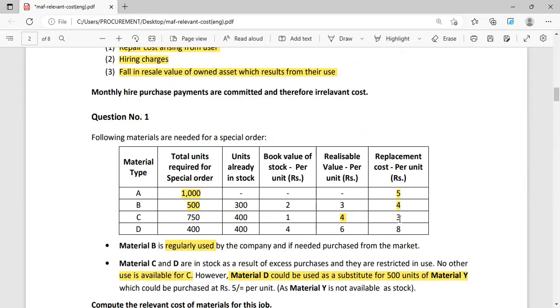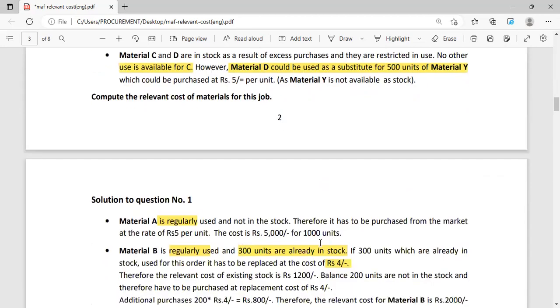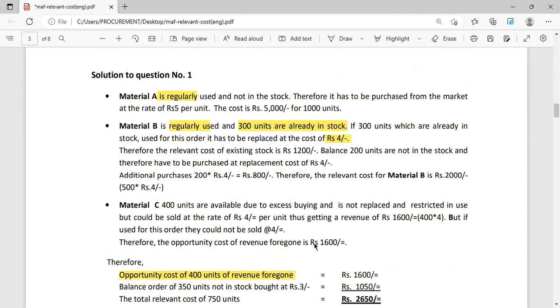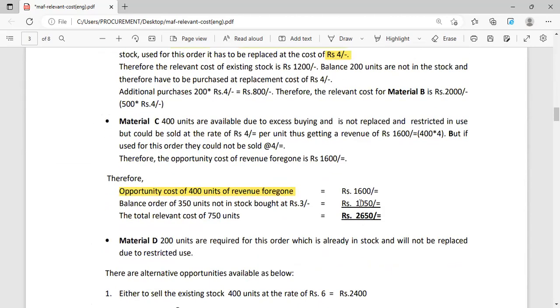Then 350 times 3 that they will be purchasing, that balance will give us this particular figure. So total units they will now be using is 750 units, and our total relevant cost in this question will now be 265 as we've discussed.